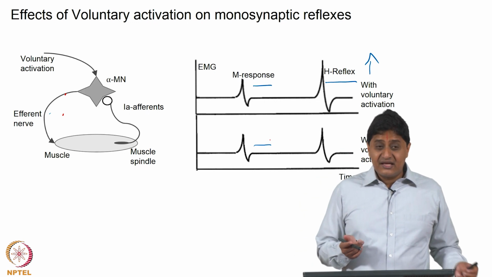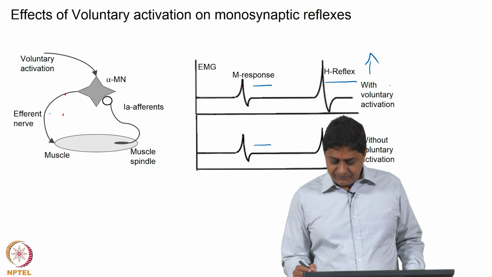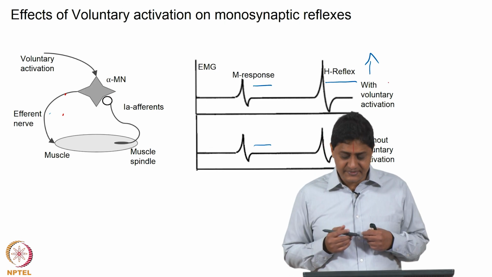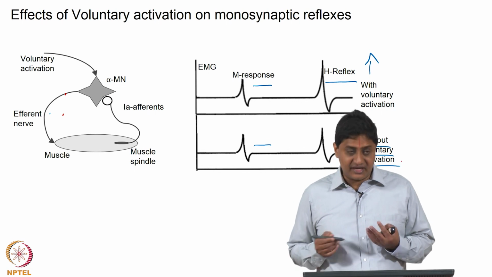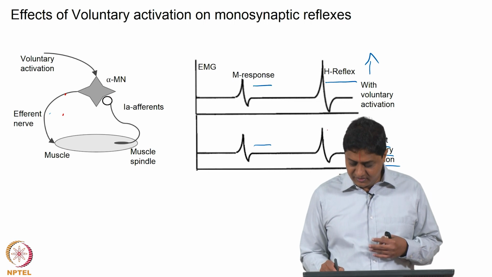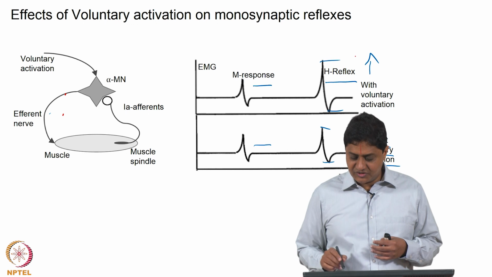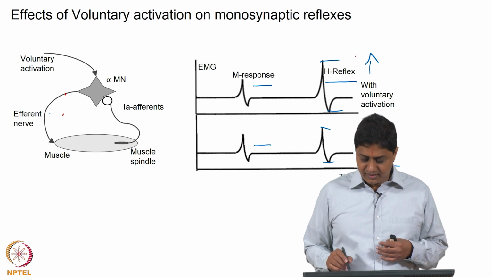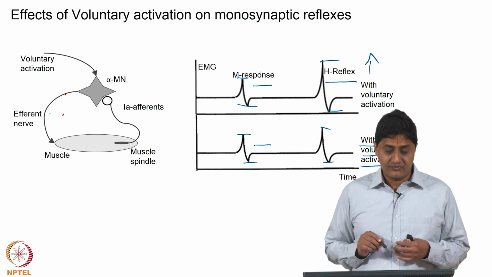In other words, if there is voluntary activation of the muscle, the H reflex amplitude increases when compared with the case of no voluntary activation. Without voluntary activation, if the response is so much, with voluntary activation the response is going to be much higher, but that difference is not going to be seen in the M response.